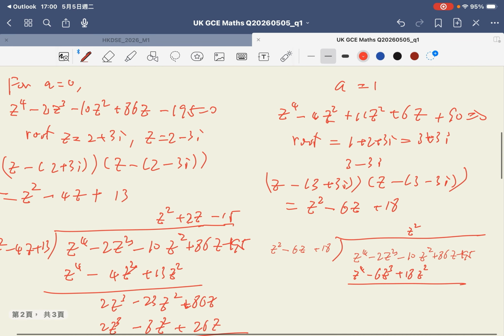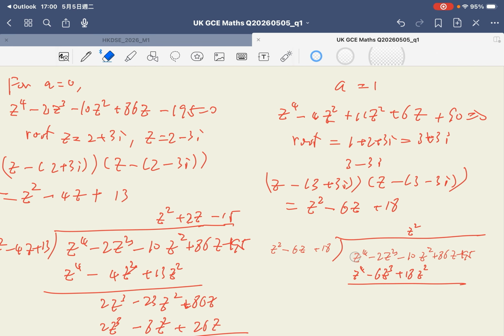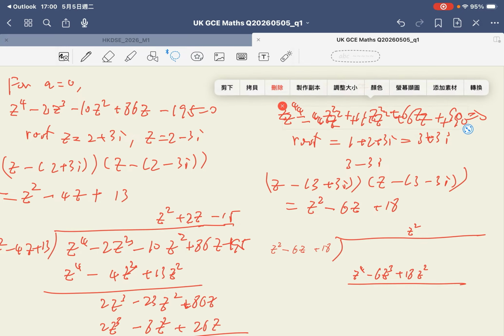Oh, sorry, I made a mistake here, because in this case the polynomial is this one, not that one. Sorry, I made a serious mistake.